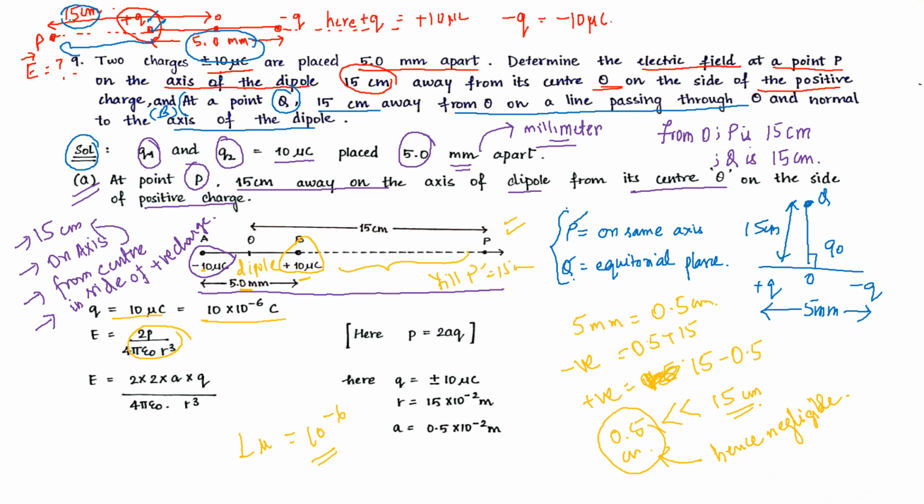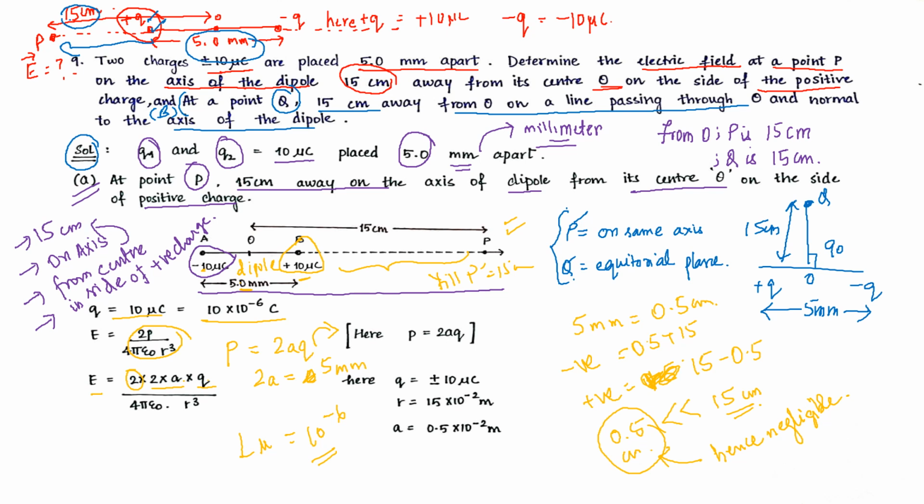So here we will get the value of E equals to 2 into 2a into q. Dipole P is given as 2aq. Now what is the value of 2a? 2a implies the whole distance between plus charge and minus charge, that is 5 mm.